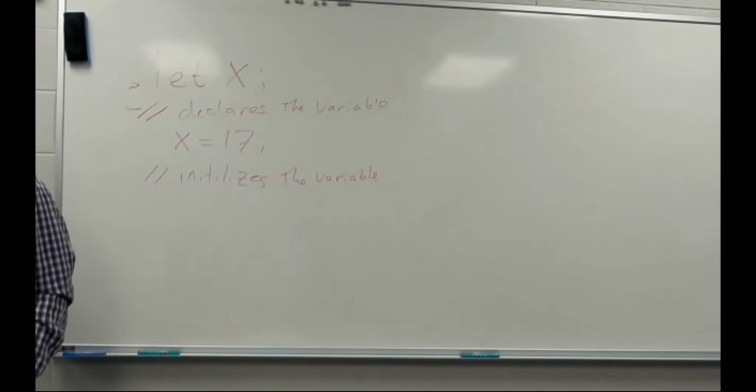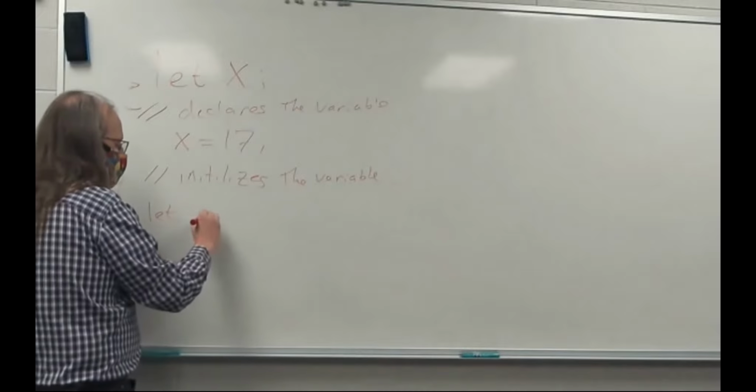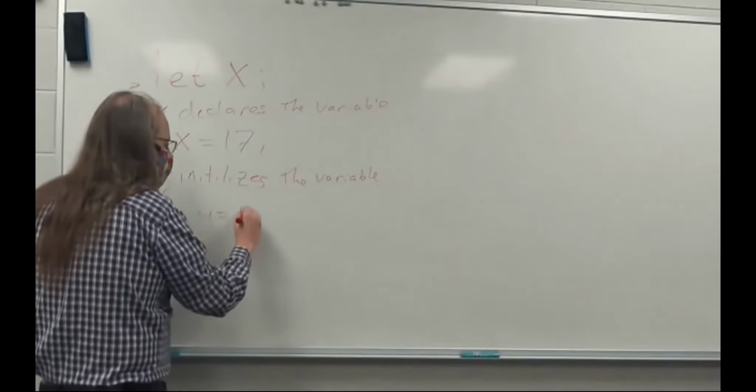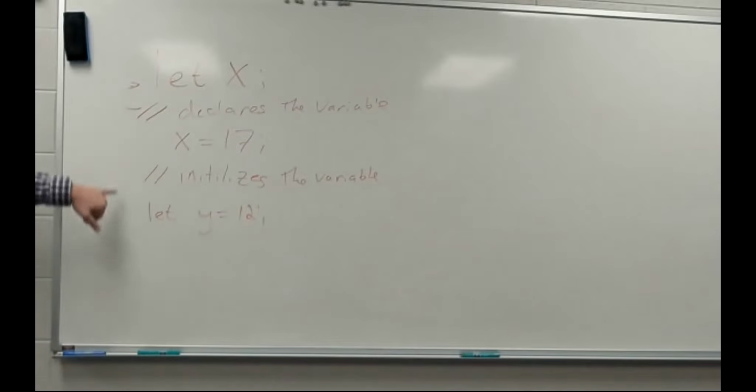So in programming lingo, you may run into these words, which is why I'm hammering them. If we do it in one go like this, let y get 12, this line declares and initializes it in one line. Does that make sense? Initialize means to give it its first value. So we can do that in 2 lines, or we can do that in 1 line.